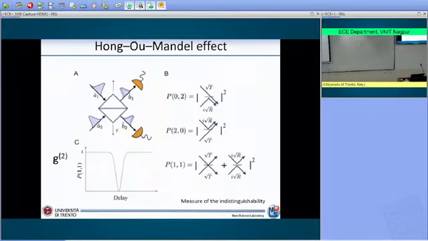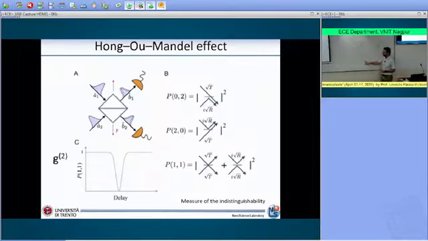Meaning that the probability to have two photons here, to have two photons there, to have one photon here, and to have one photon there. However, this is quite a complicated situation. Why is it complicated?